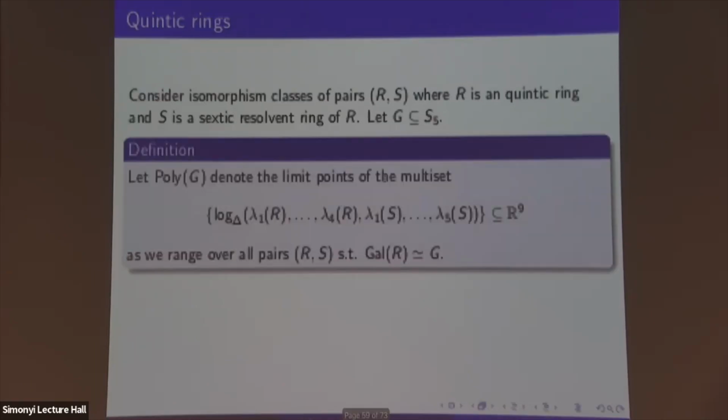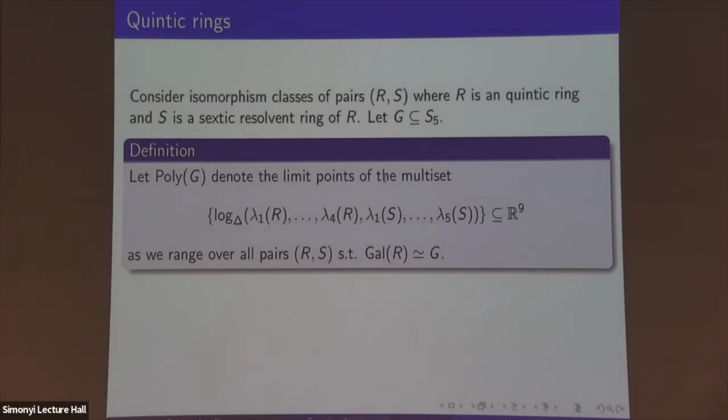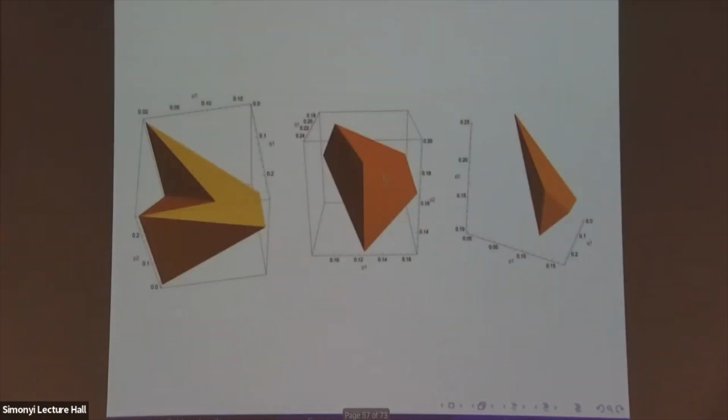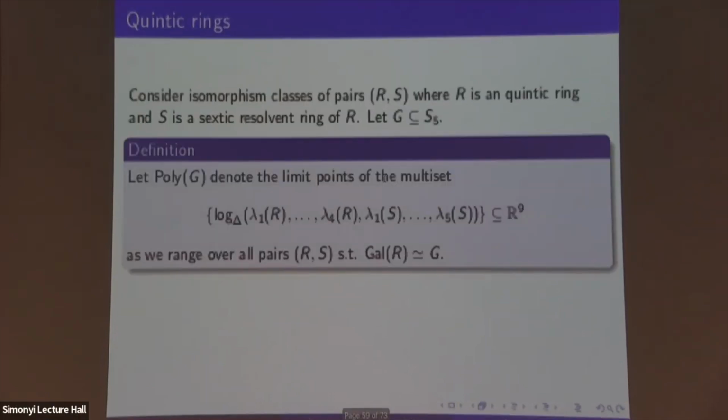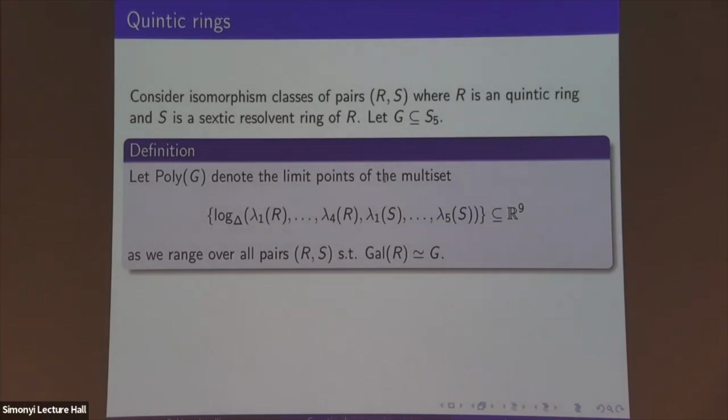Okay, so I just want to refer to the supports of these density functions explicitly, so I'm going to make a definition. If we fix a group G and we have a pair R, S such that the Galois group of R is G, then we can use that pair to get 9 positive real numbers in the following way.